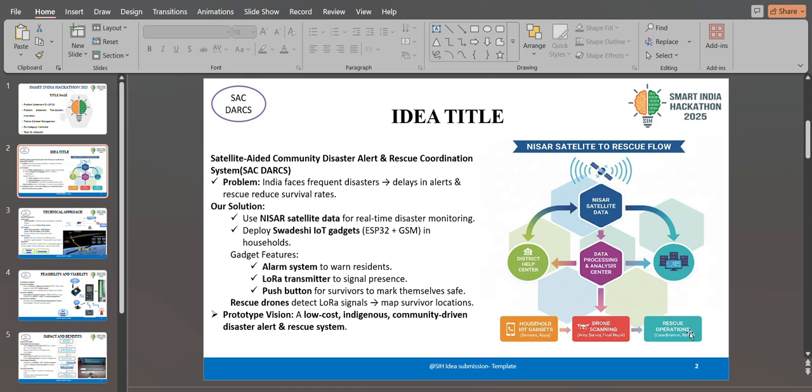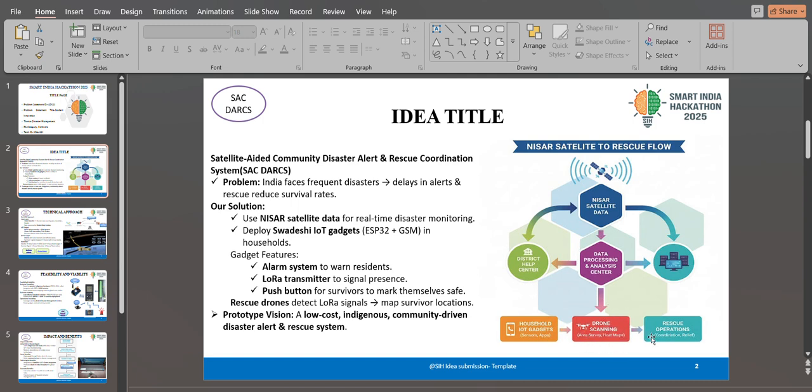So they use drones with a LoRa receiver attached, which can receive the LoRa signal from the gadget. With the GPS present in the drone, they can triangulate the LoRa signal above the surface and mark or know the location of the victims.